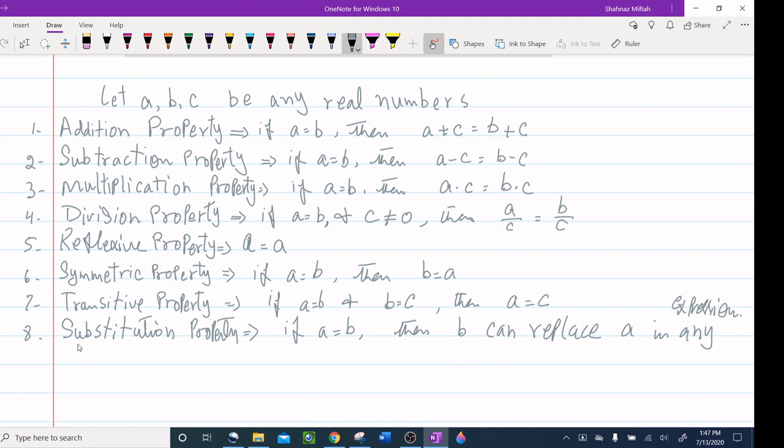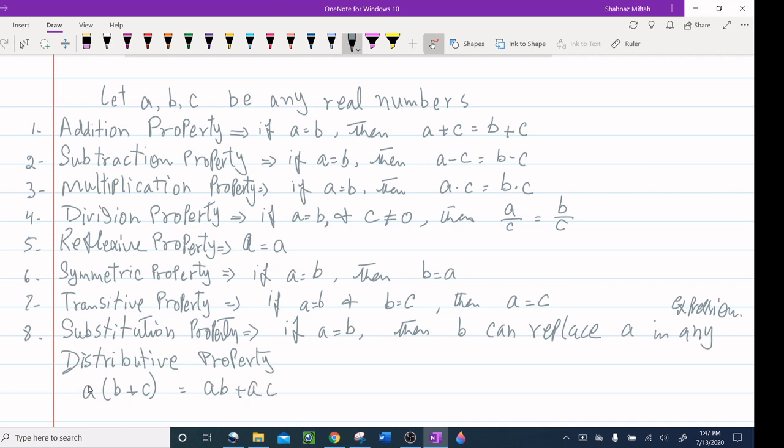Now I'm going to give you another property, the distributive property. For example, A times (B plus C) equals AB plus AC.